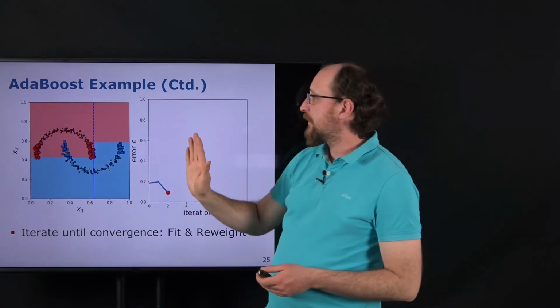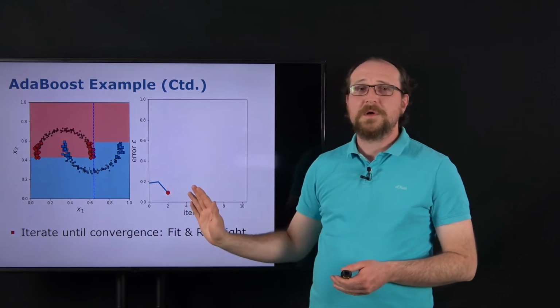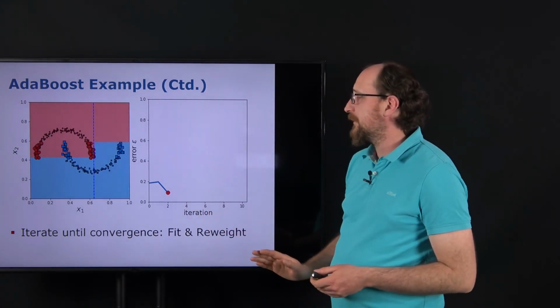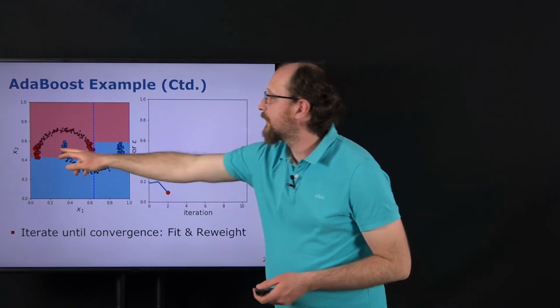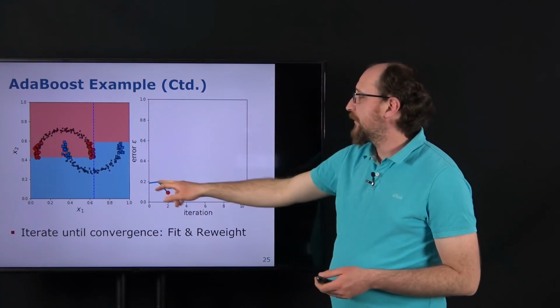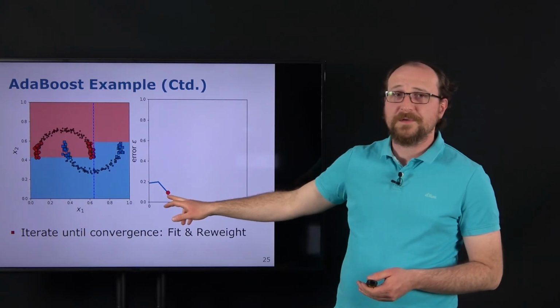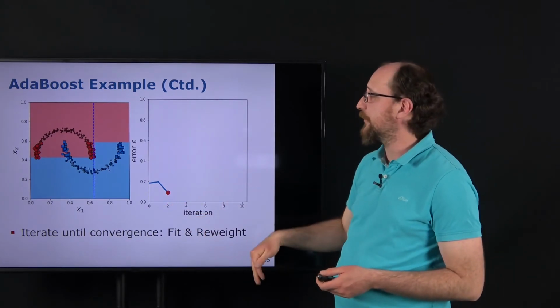And therefore doing the split in this direction will help much more to get the right result in the end. And as you can see with this split at this specific point, because of the reweighting, we also see the behavior that we want, so that the training error is reduced.